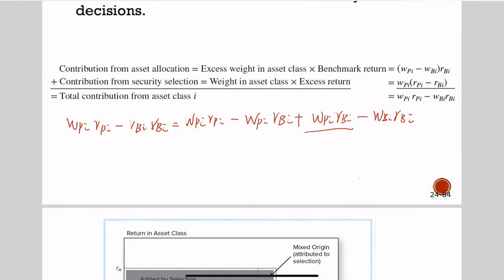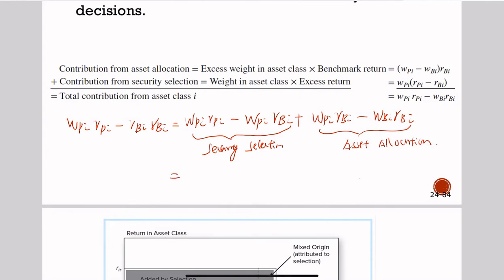And then this component is called security selection. And this component is called asset allocation, right? So why do they have names like this?